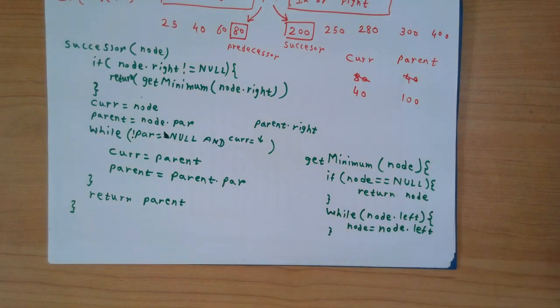So now basically you are iterating to find the node that doesn't have a left child in the leftmost branch, and now you have got your answer. And then you would return the value.